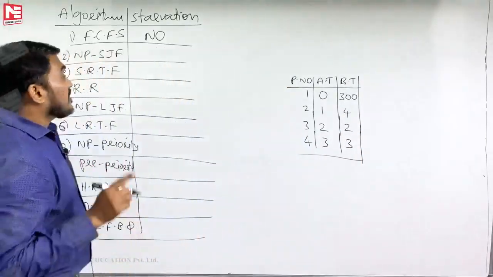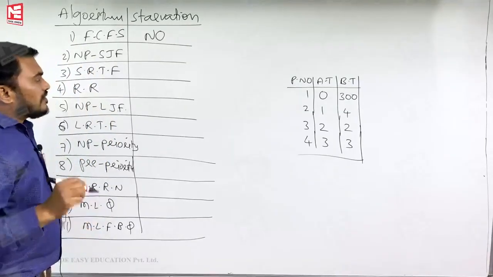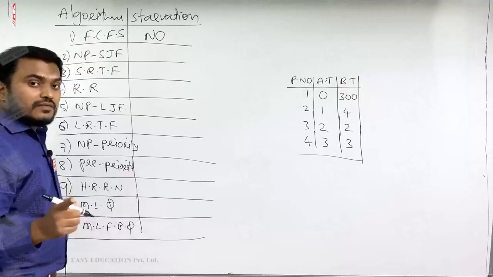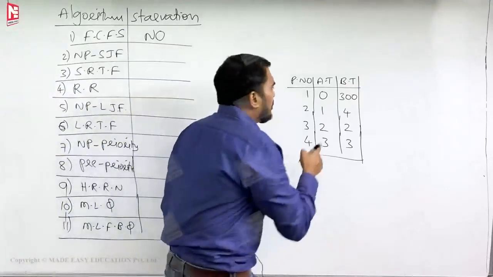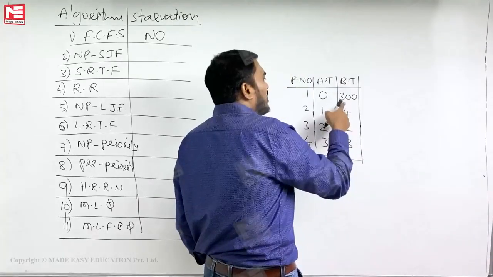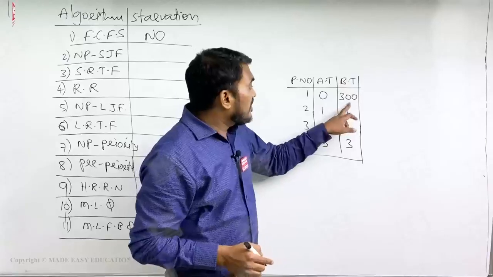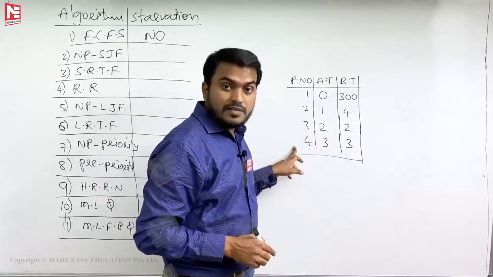Now I'm talking about FCFS, first come first serve. If anybody thinks there is starvation, you may be thinking like this: the first process has 300 burst time, and unless and until it completes execution, you are not going to schedule the other processes. So you may be thinking that until then, these processes will go into starvation.